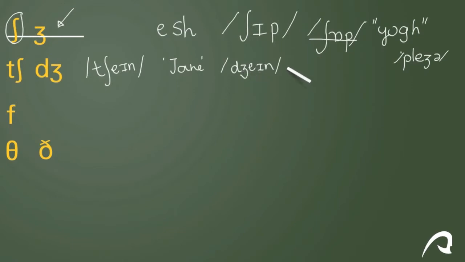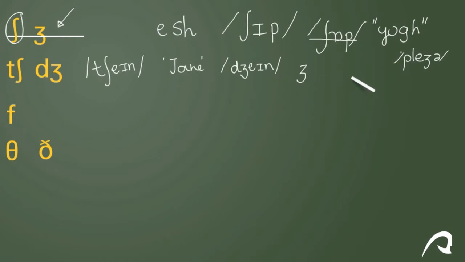While you're doing that, I want to point out that this symbol yog is very similar to the one we use for the sound z, only that a hook is coming downwards. Remember to draw the little hook.